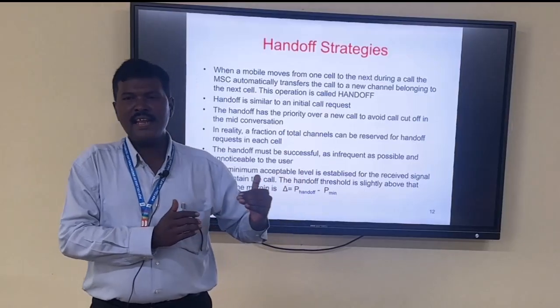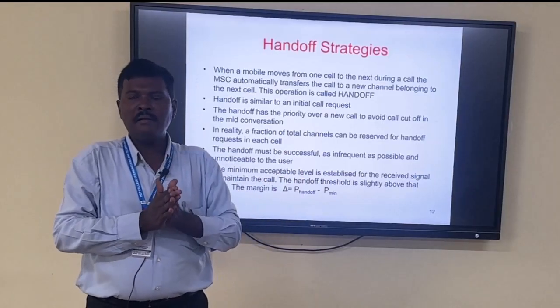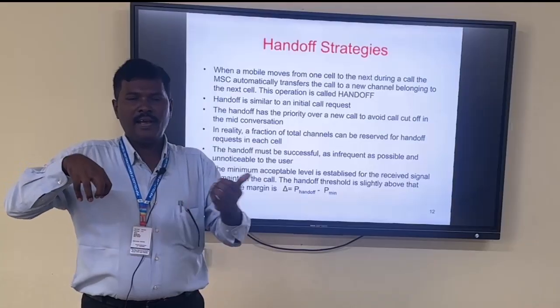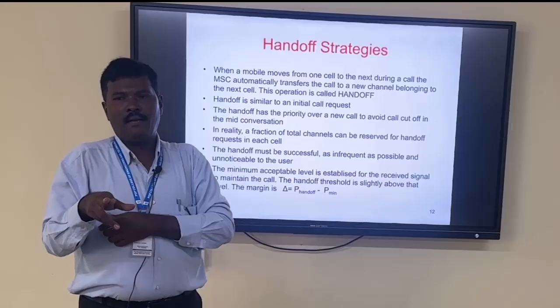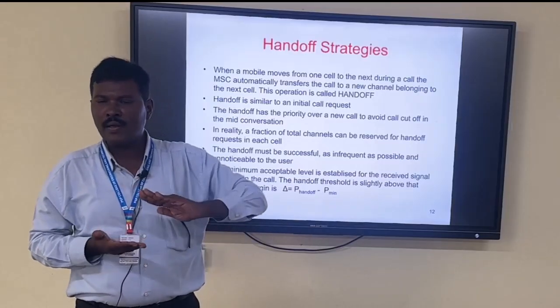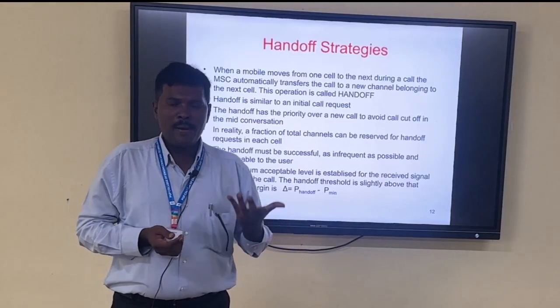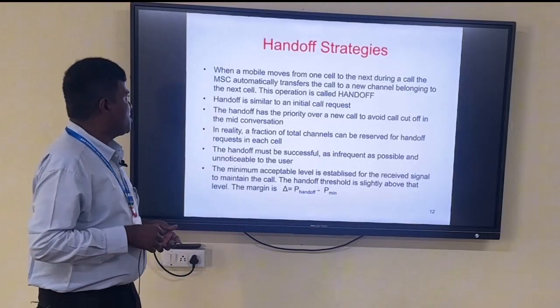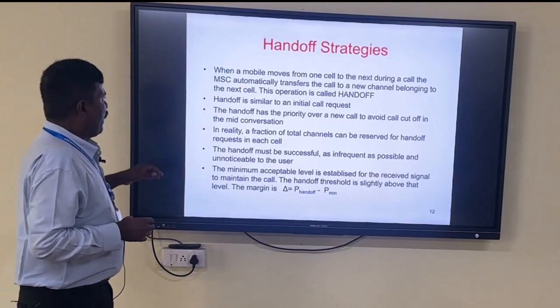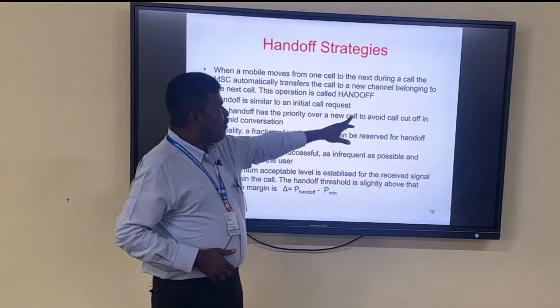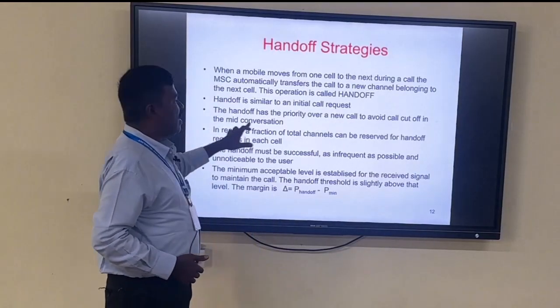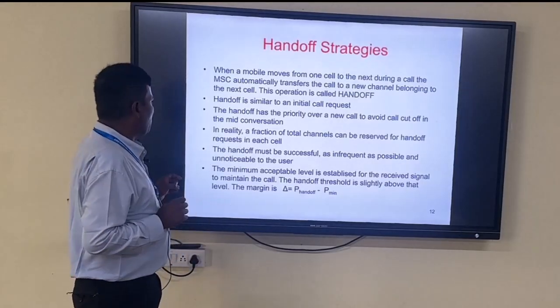As it is nearing the border of the particular cell, the mobile switching center will allocate a new channel in the new cell and hand over without disturbing the call, so that there is no rejection or blocking of calls. This is to avoid a call cut off in the middle of a conversation. That is the important point over here.